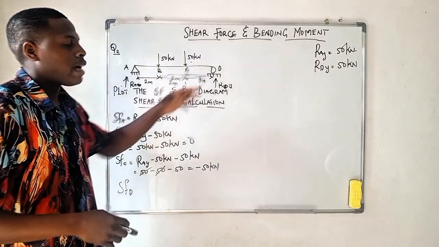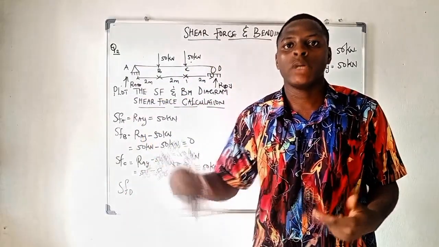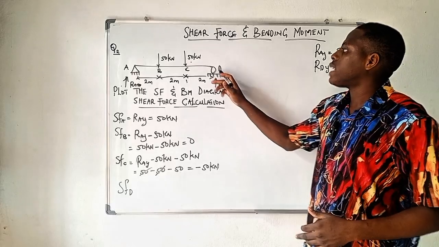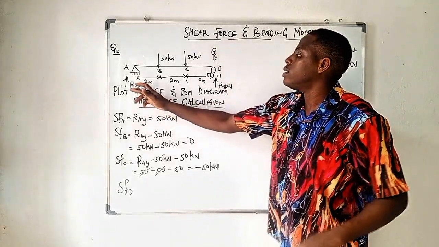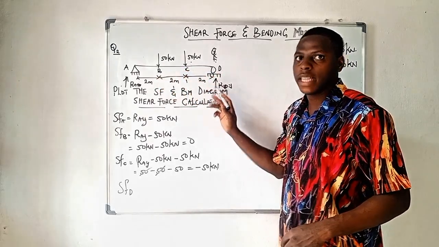The next thing is shear force at point D. You should ask yourself, I'm standing at point D. What is the force I'm seeing before that point D, with the force where I'm standing? You're standing here. This is you. So you are seeing this force, this force, this force, and the force where you are standing on.